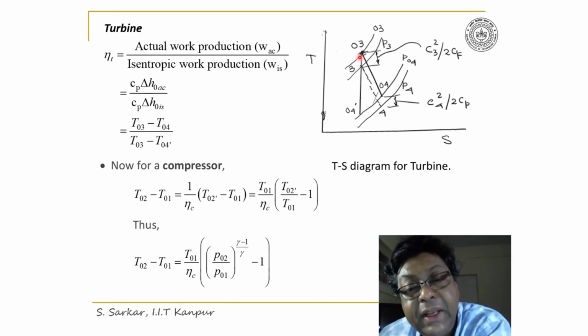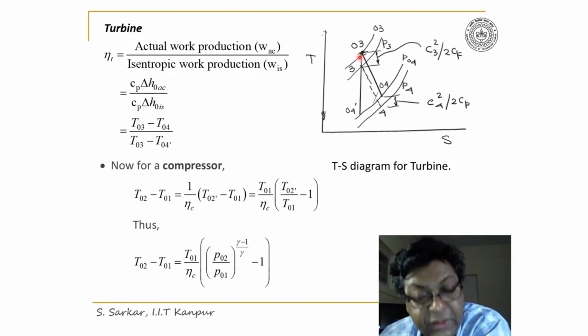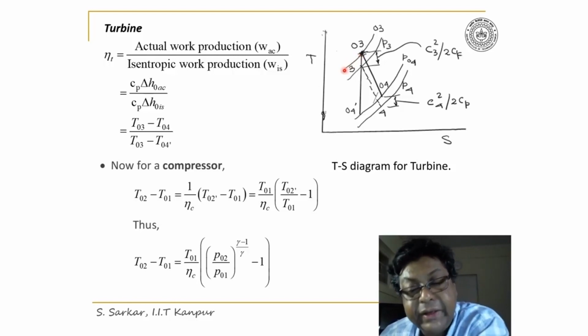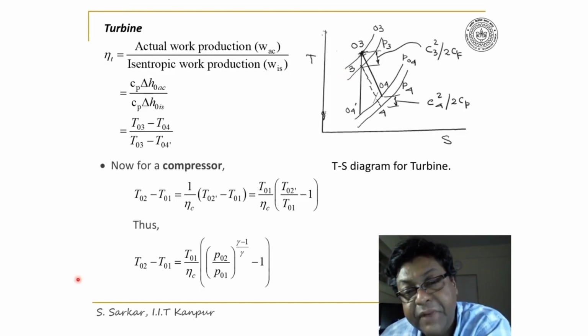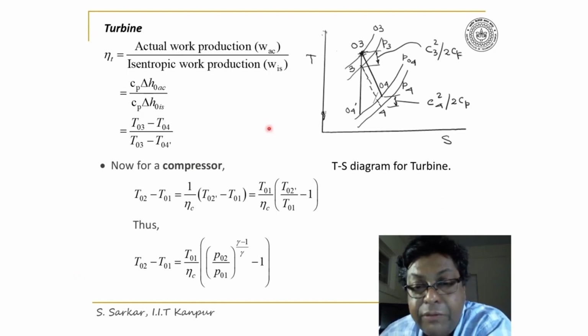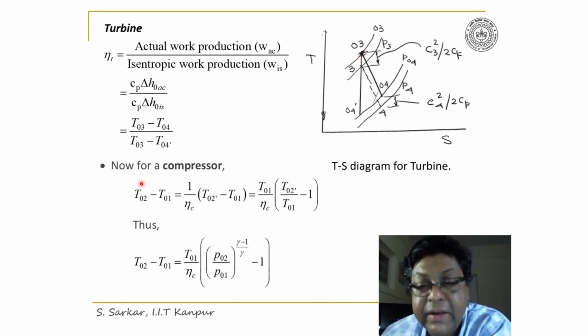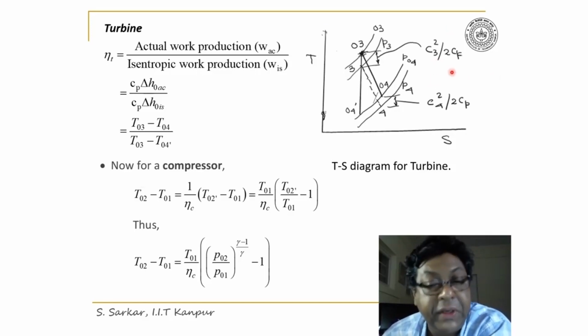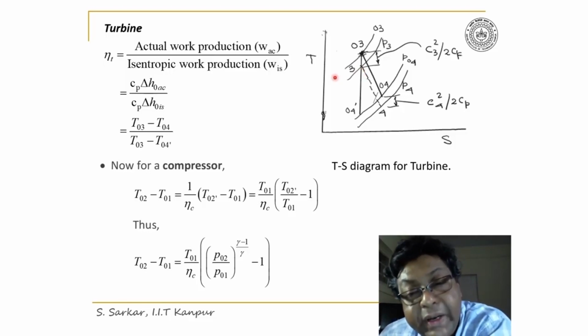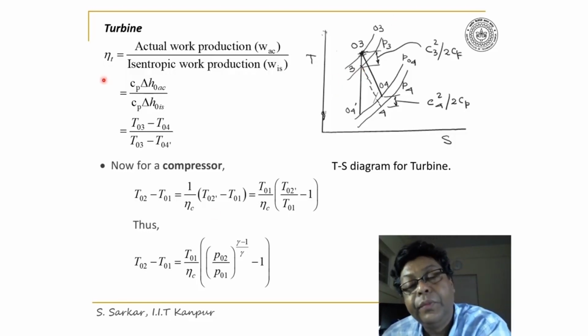Suppose 03 be the initial point, where gas is entering the turbine, and P03 be the pressure at the entry. Now from there, if you subtract C3 squared by 2 Cp, you will get the state point 3. So we can identify P3.